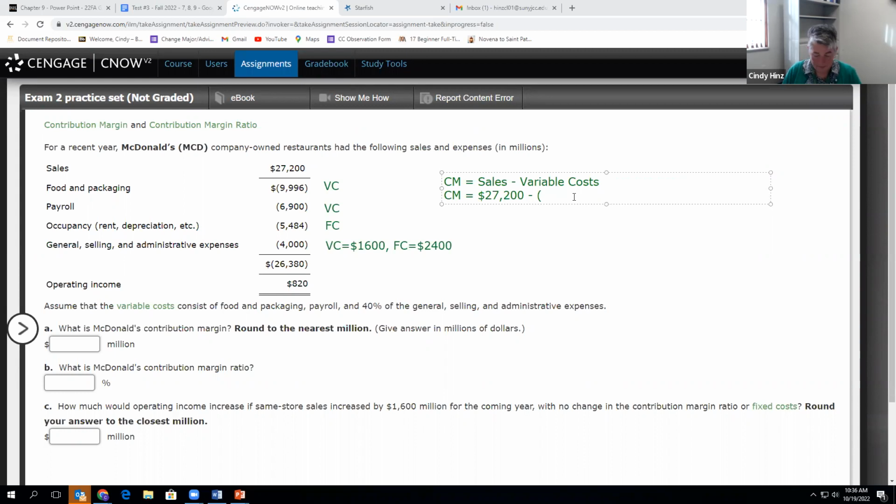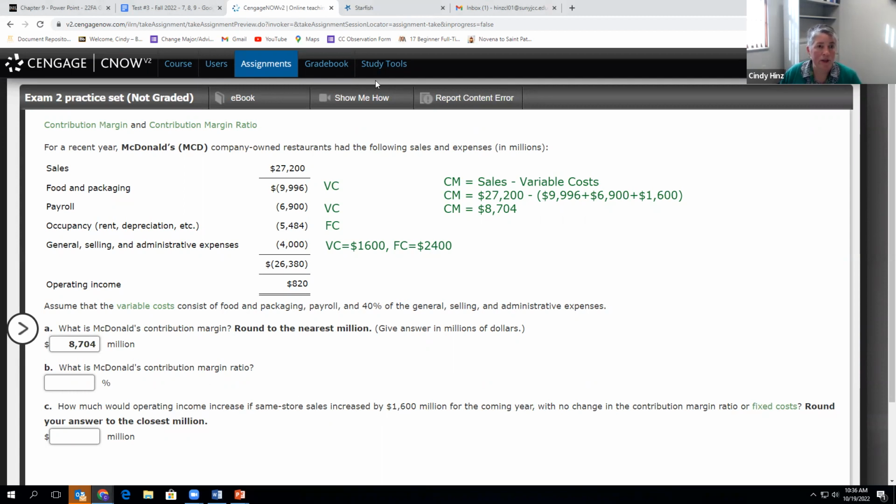And we have 9,996 plus 6,900 plus 1,600 of that general, selling, and administrative expense. And if I did the math right, I got $8,704 million would be our contribution margin.